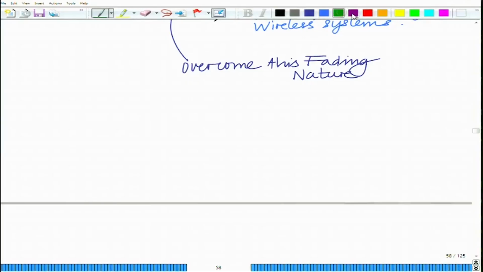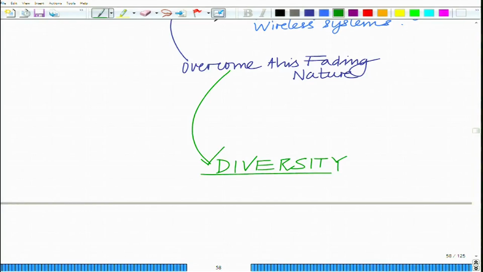Okay. So, this fundamental property of wireless communication leads to technologies that overcome the fading.